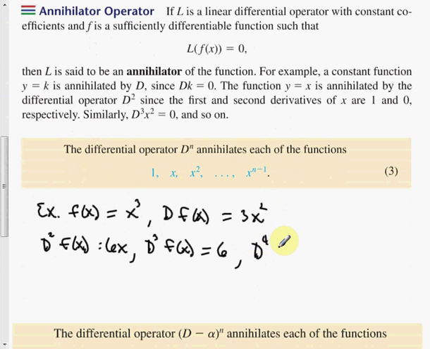So the fourth derivative applied to f of x is 0. So without even going through all those steps, here, just that neat formula that if I have the polynomial of its highest degree n, then it's that n plus 1 term that will annihilate that in terms of the derivative, right? So basically, D to the 4 is what we need to annihilate here the function f of x equals x to the third.